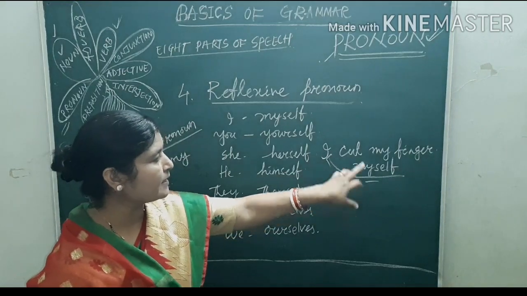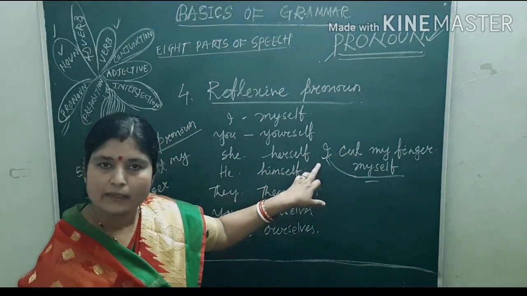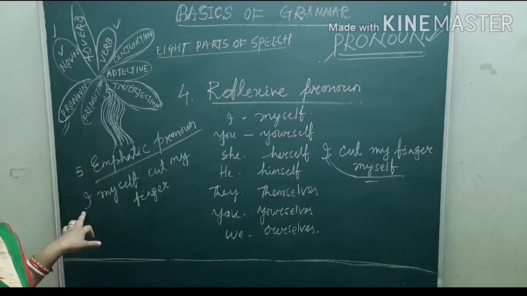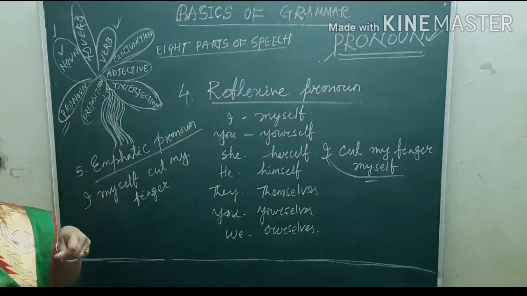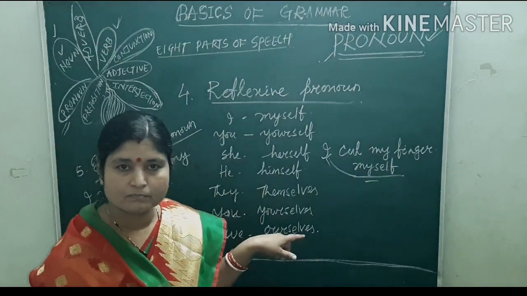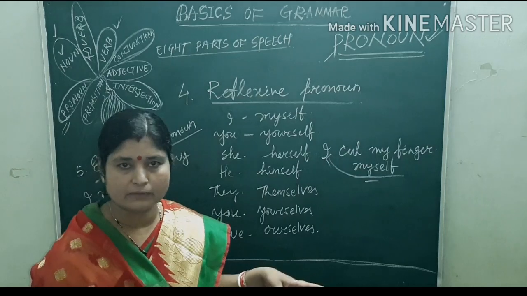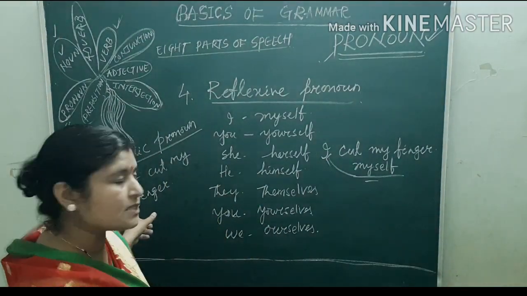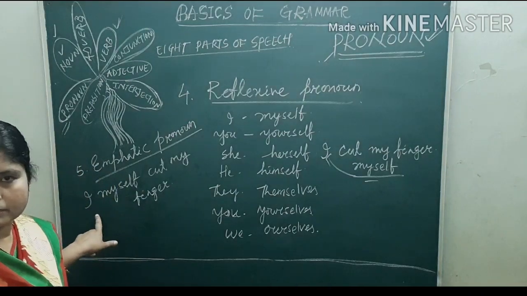This myself is reflecting the pronoun I. But here you are giving more emphasis to the noun. I myself cut my finger. Means no one is responsible for you. You have cut your finger yourself. In this case, you are giving more emphasis to the noun.